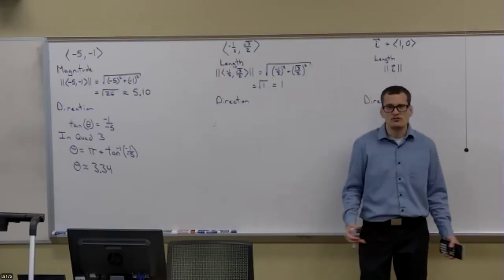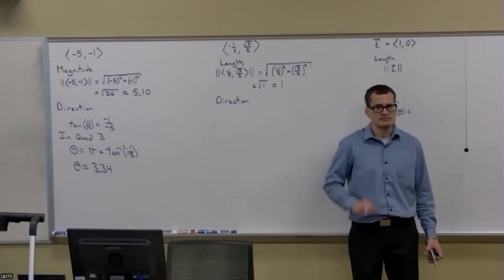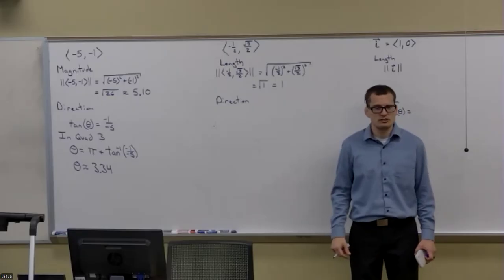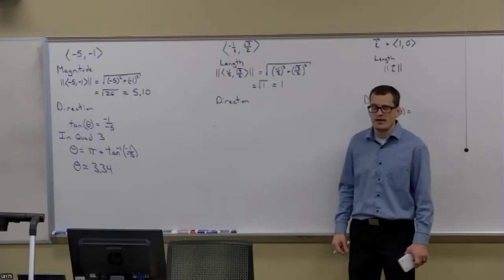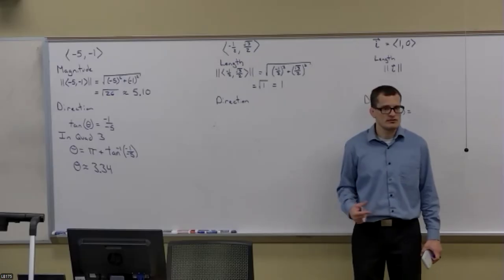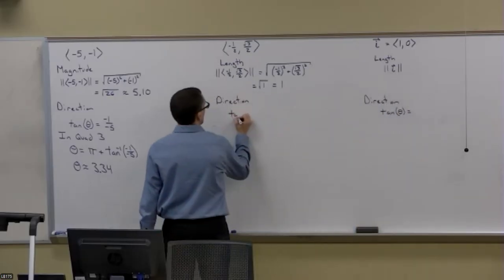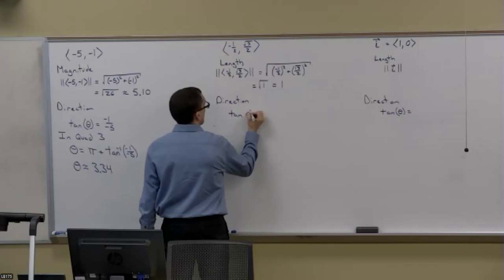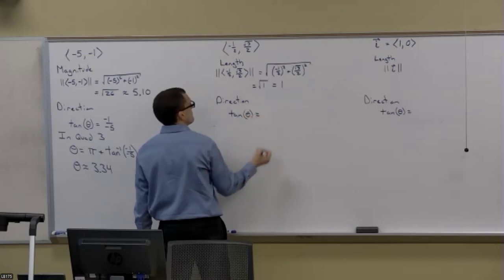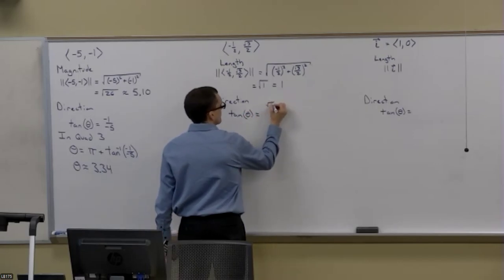So if it's on the unit circle, starting at the origin, that's a length of 1. Radius is 1.